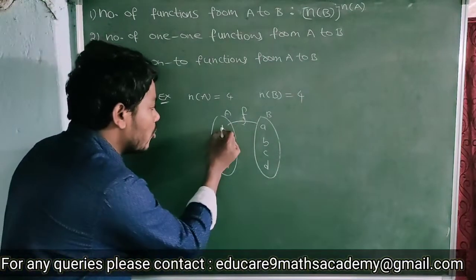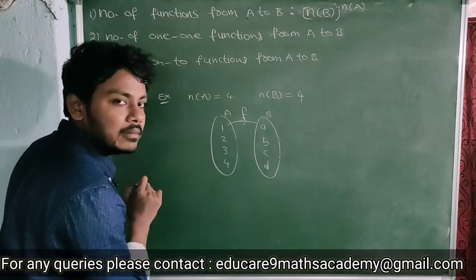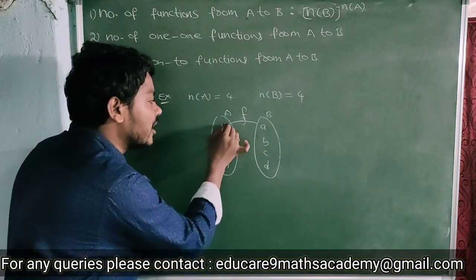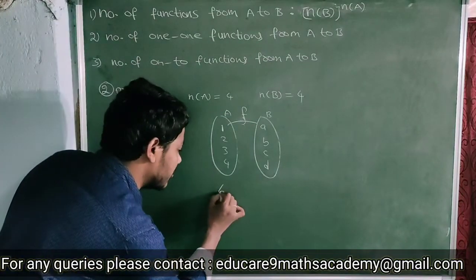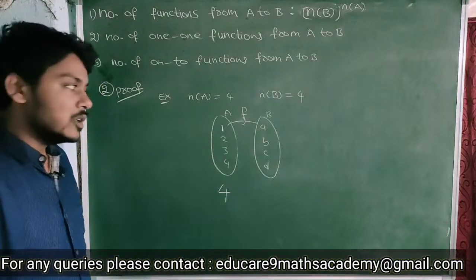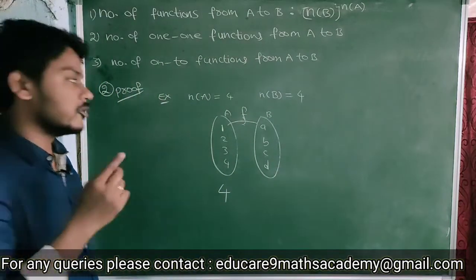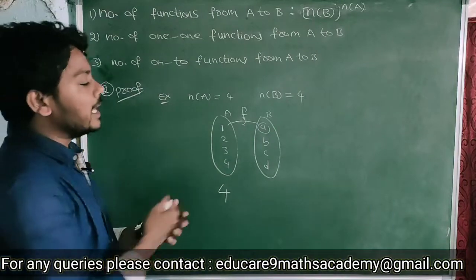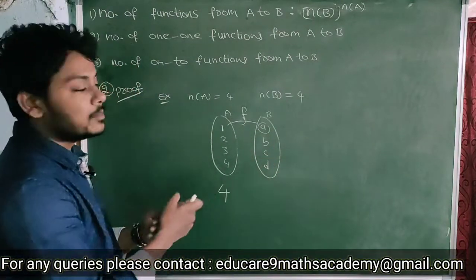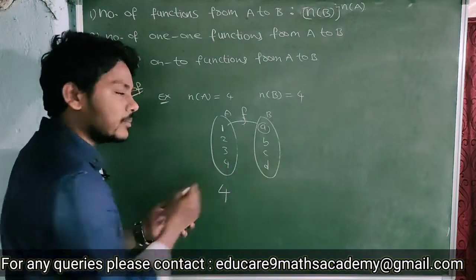See here, 1 is mapped to either A or B or C or D. So clearly 1 has how many chances? 4 chances. So write 4. Out of 4, 1 is mapped. For example, 1 is mapped with A. So the remaining elements are B, C, D. So clearly 3 elements here.